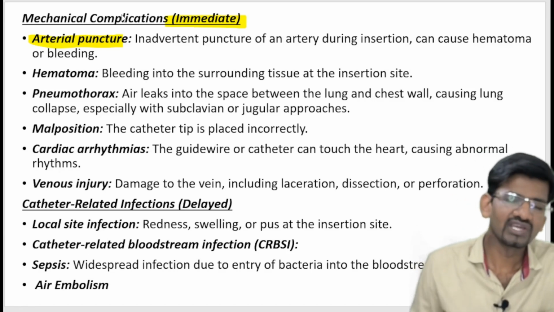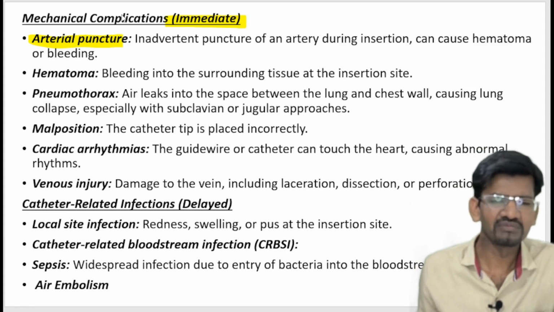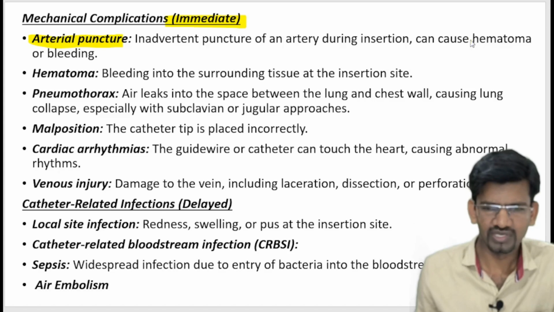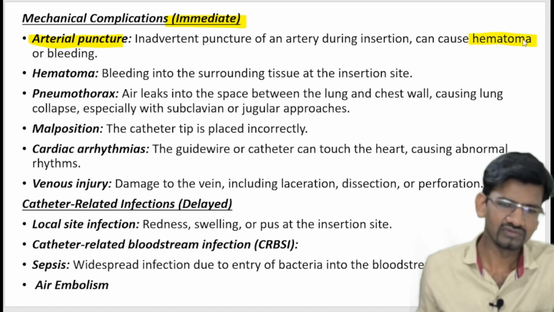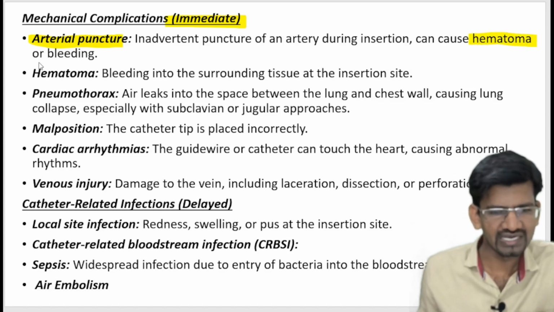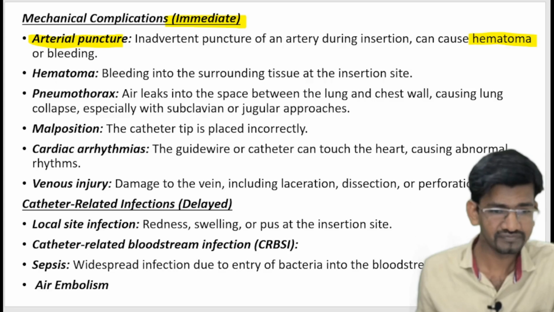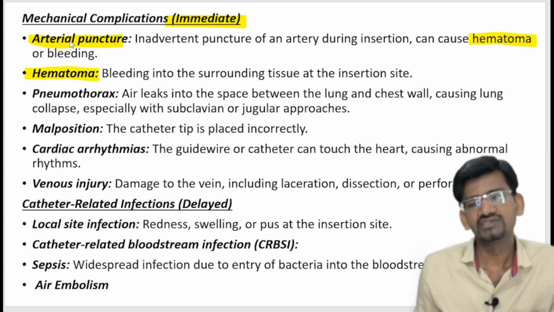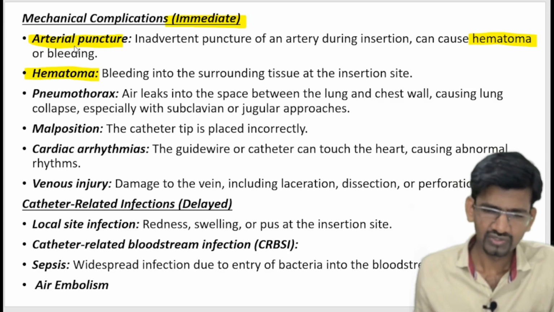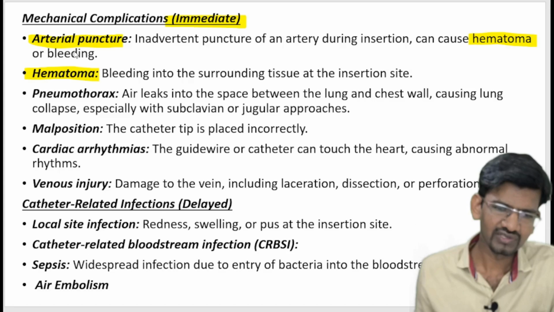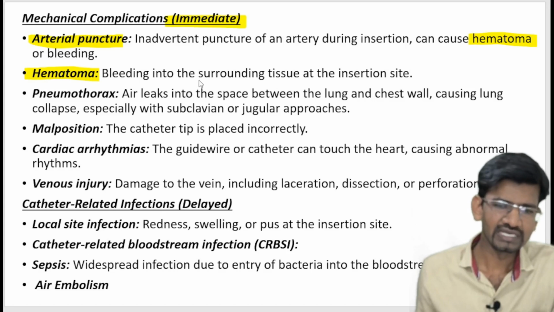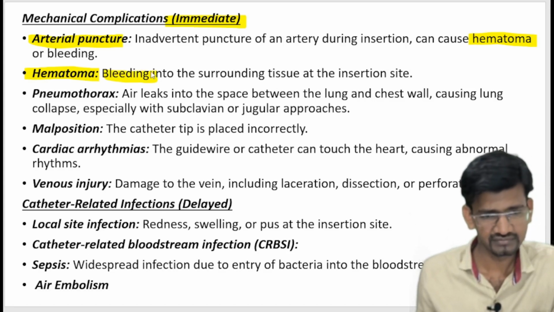There very heavy bleeding can be seen, and they will form hematomas. So accidental puncture of the arteries can lead to hematoma formation and bleeding. Second is the hematoma, as I told. You may damage other blood vessels also while inserting, which can lead to bleeding.